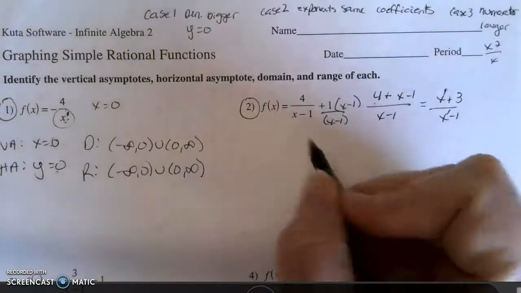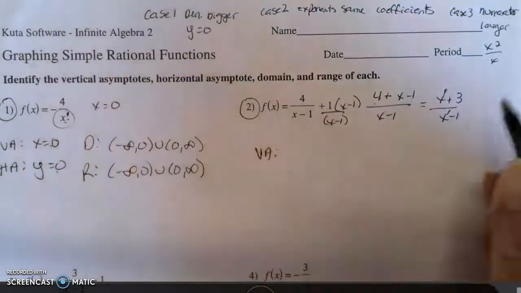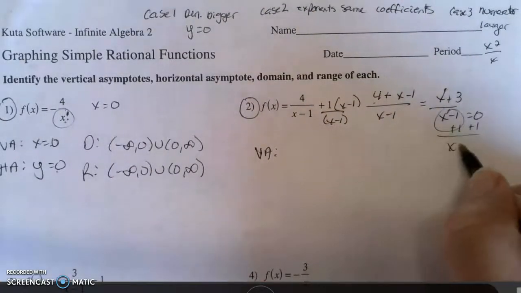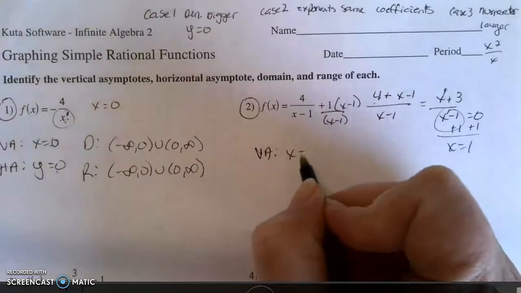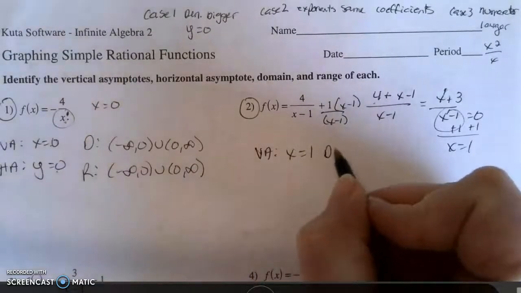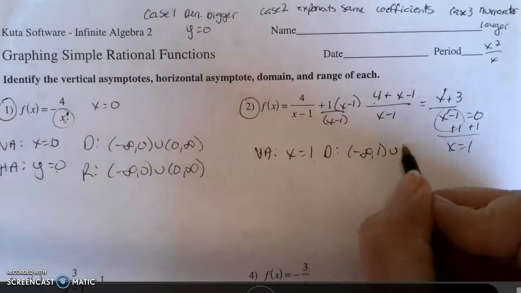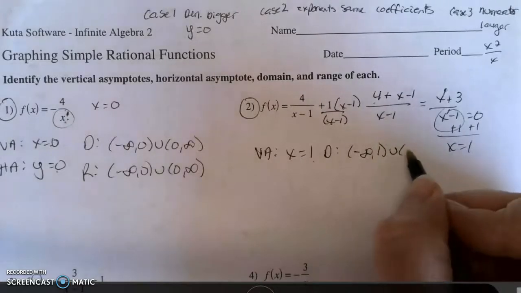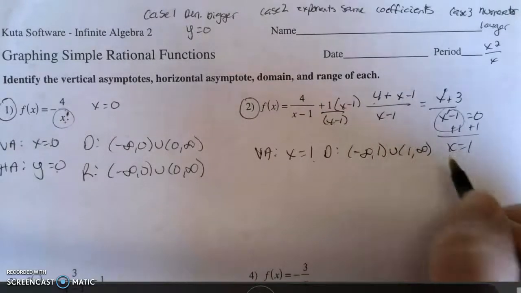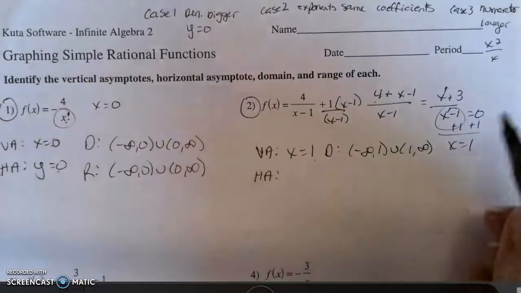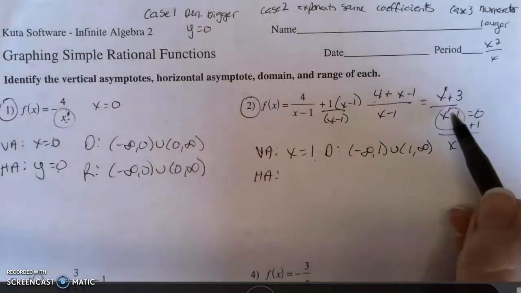So let's get our vertical asymptote. Vertical asymptote, set your denominator equal to 0. So x equals 1. My domain this time stops at 1. Okay, let's get our horizontal asymptote. They match. Our exponents match.